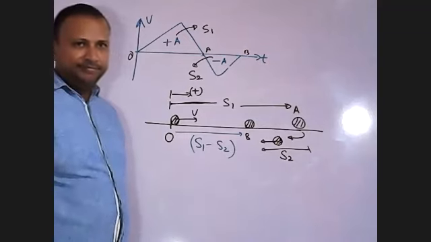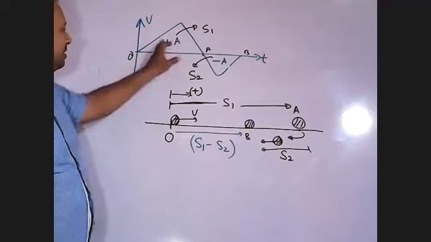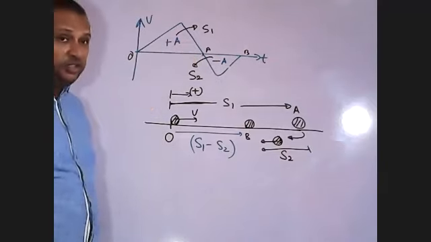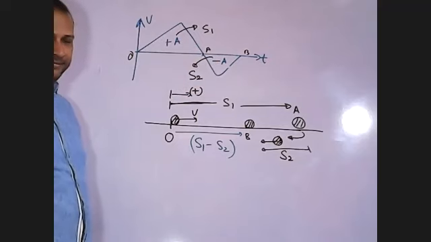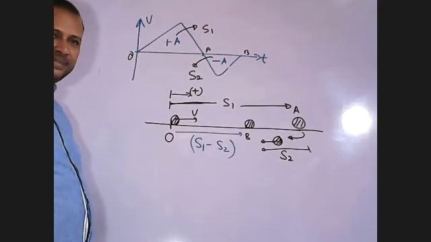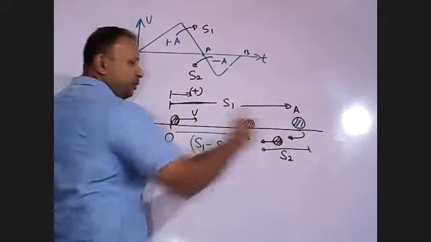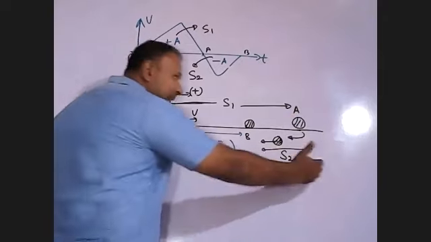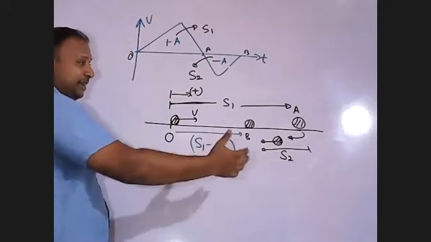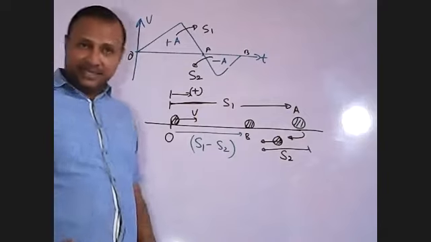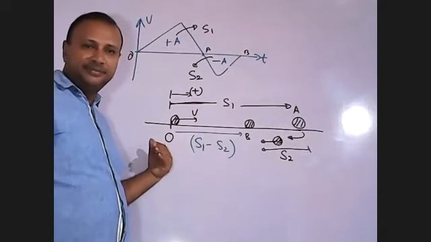Okay, look at the board. Suppose these two areas are equal to each other, then what happens? That means the object has displaced S1 displacement into the right hand side, as well as it is displaced again. That means it is returned back the same distance to the negative side.